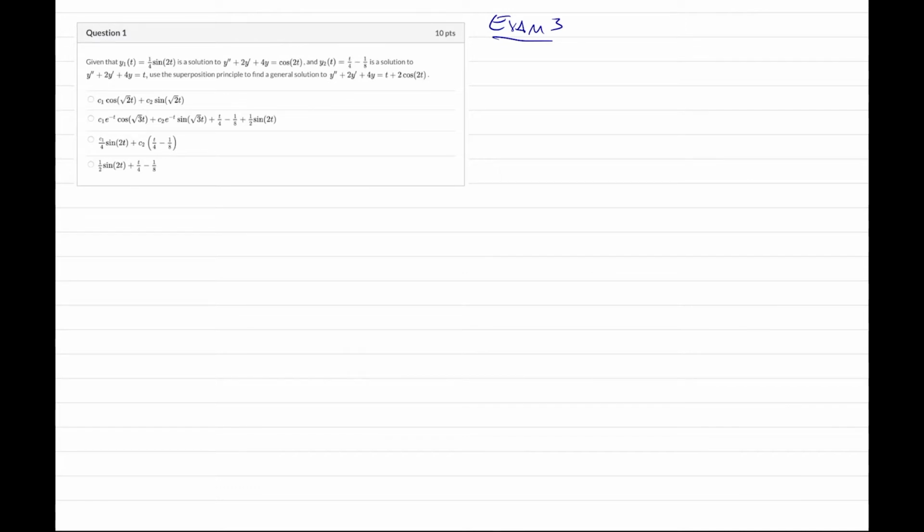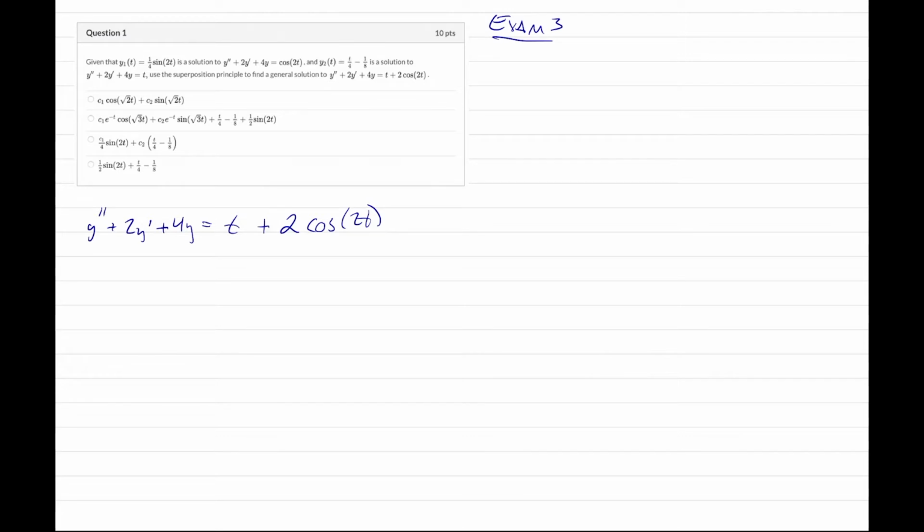So the idea of the superposition principle is that both of these equations have y double prime plus 2y prime plus 4y equal to something, and we're basically trying to relate it to t plus cosine of 2t. Okay, so this whole sine thing is a solution to this differential equation, except there's a 2 here and not that.